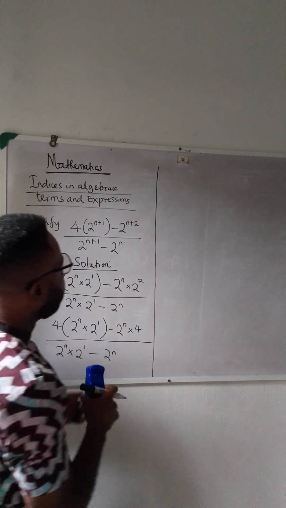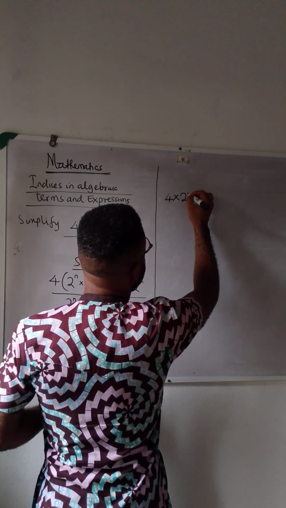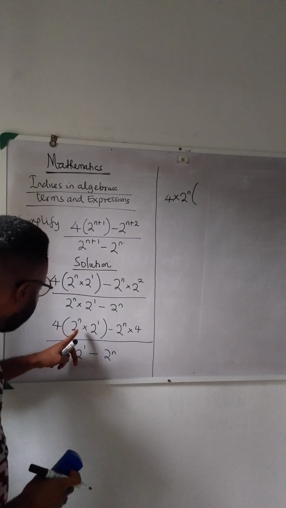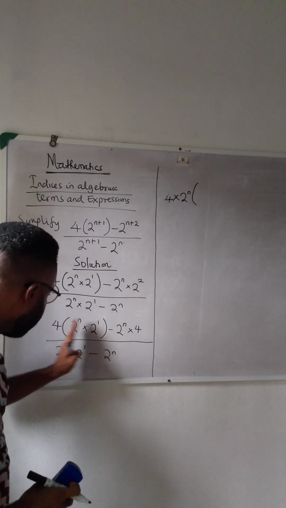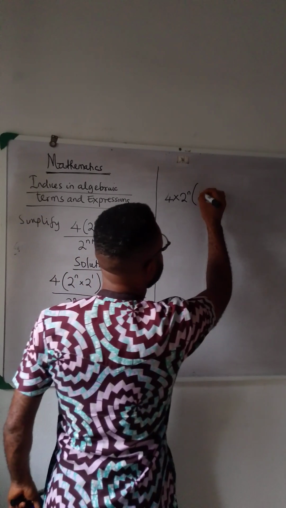So when we bring out 4 times 2 raised power n, we open our bracket. When we bring out 4 times 2 raised power n from this part of the expression, we are going to be left with 2 raised power 1.